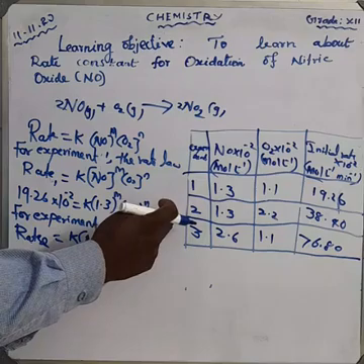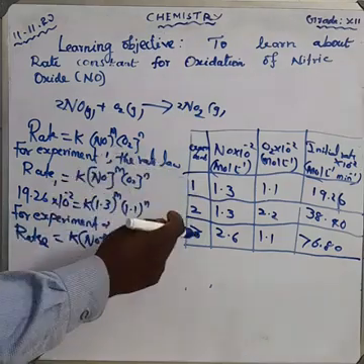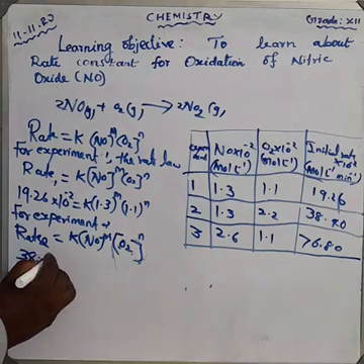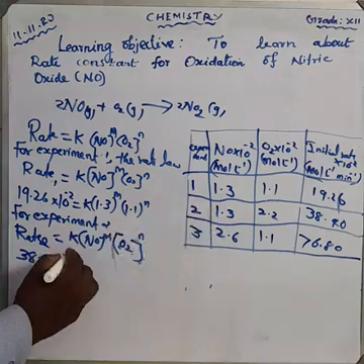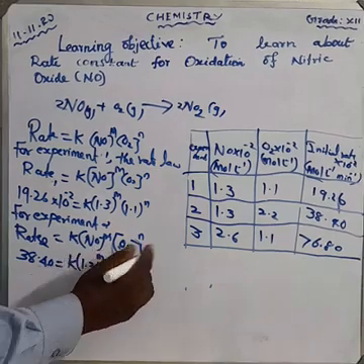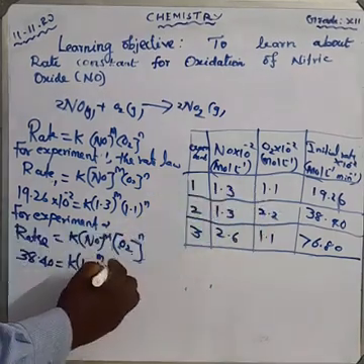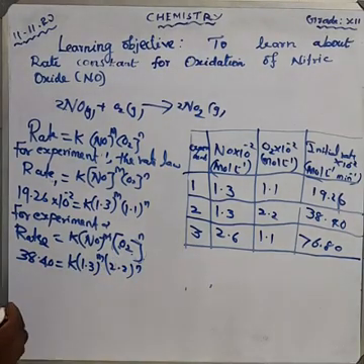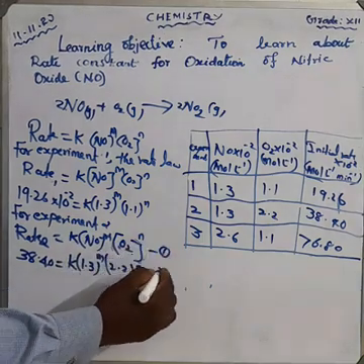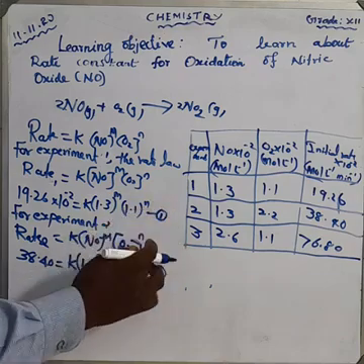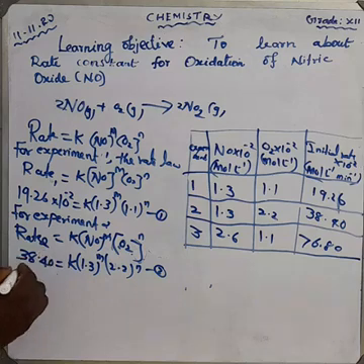What is the initial rate? 38.40 equals K into 1.3 power m and 2.2 power n. This is equation number 2, and the earlier one is equation number 1.